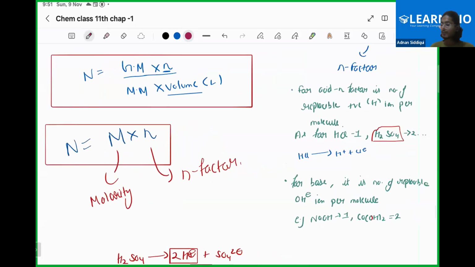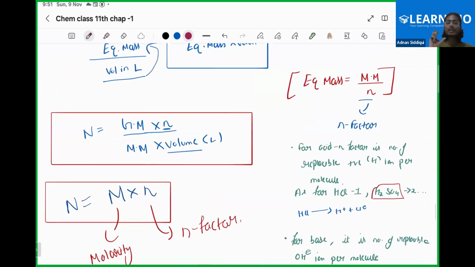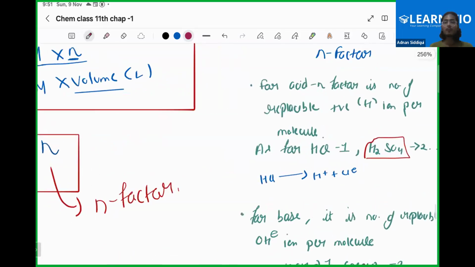The n factor has different meaning for different reactions. Suppose you are talking about an acidic reaction. What is the main task of an acid? To produce hydrogen, to dissociate hydrogen atoms. If something is giving H positive, then it is going to act as an acid.